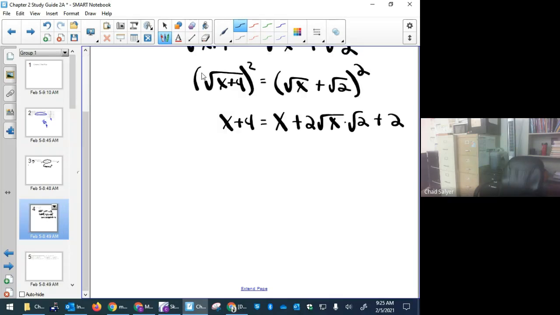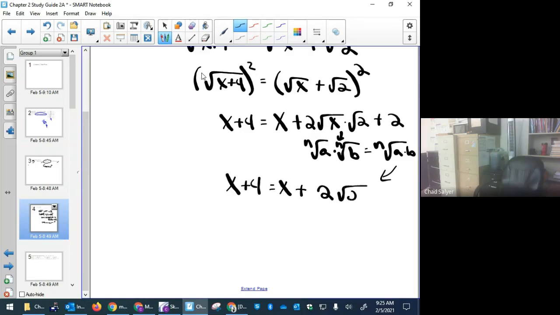Now, one quick tip. One property of roots: the nth root of a times the nth root of b is the nth root of a times b. So I could rewrite that middle term where it's under one root here, like so.